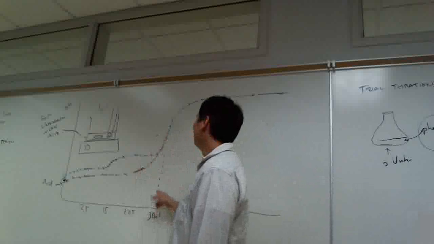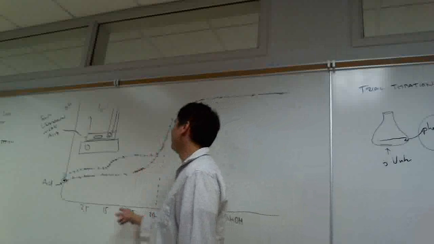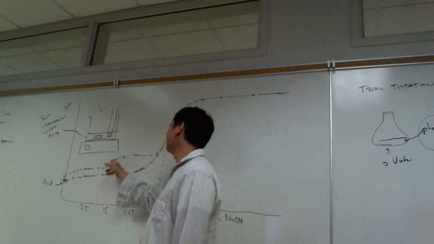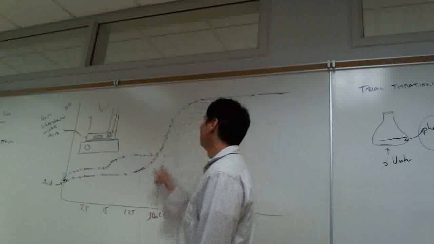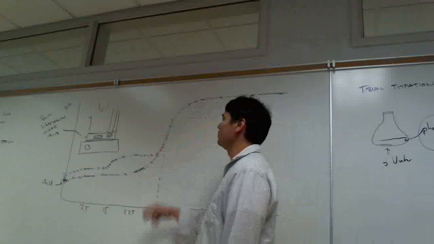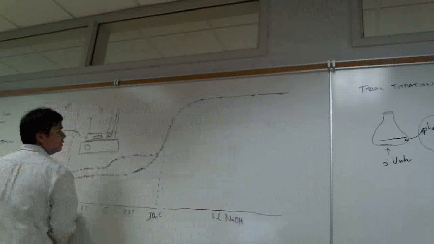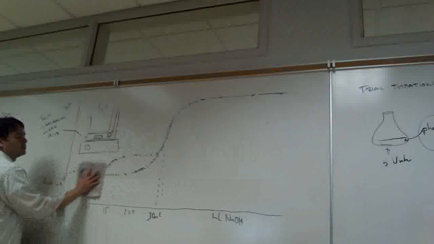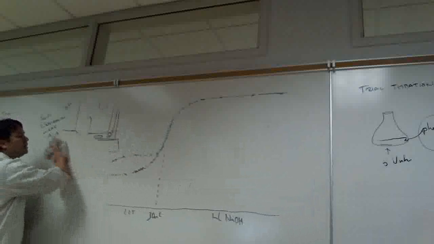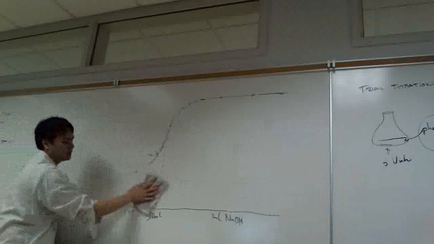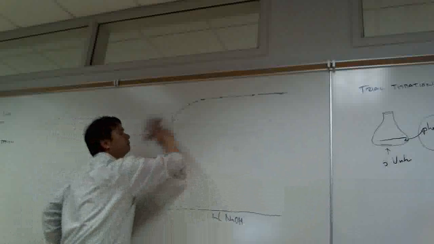We can figure out the moles of unknown by the equivalence point. At the first equivalence point for diprotic, the moles of acid equals the moles of base. At the second equivalence point, the moles of acid equals 2 moles of sodium hydroxide, the 1-to-2 ratio. For monoprotic, it's a 1-to-1 ratio. And so from that stoichiometry, we can get the molar mass. So we'll have molar mass and pKa's to help us in determining.